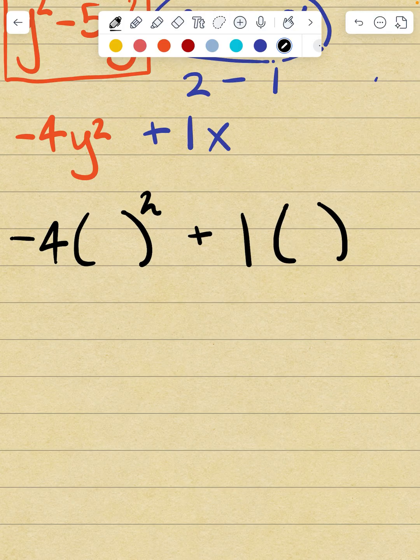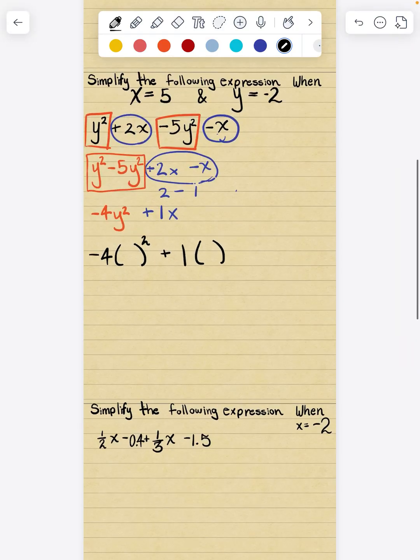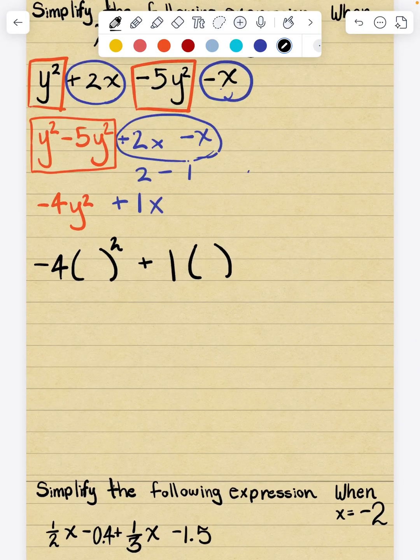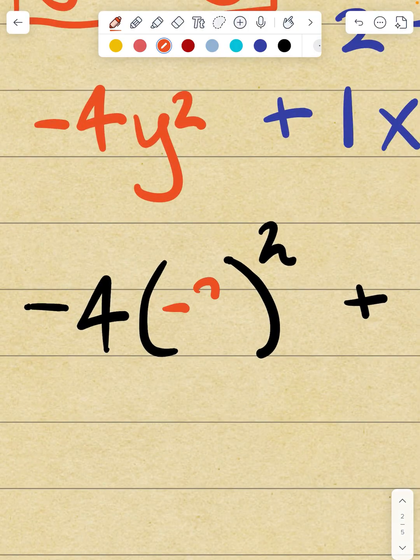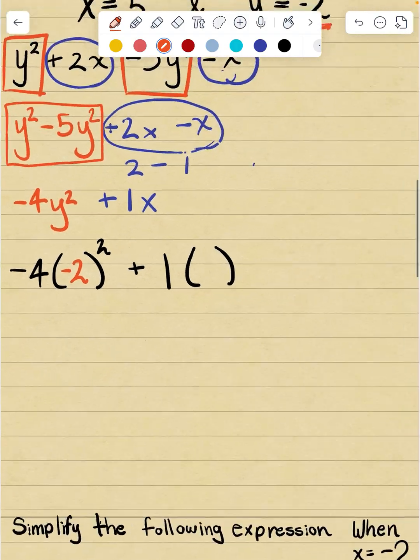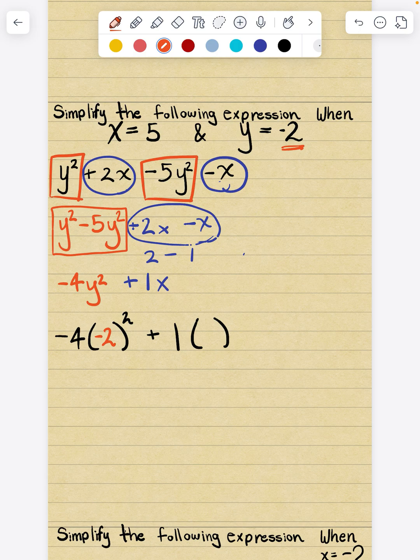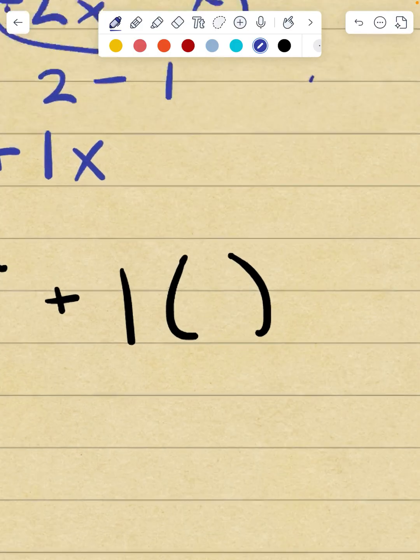Be careful that you include this 2 in the exponent, because if you don't, you're going to get the wrong answer because that square tells us something. So we're going to get -4, and instead of y, we're going to put -2. Okay, and then we're going to do plus 1, and then instead of x, we're going to put 5.